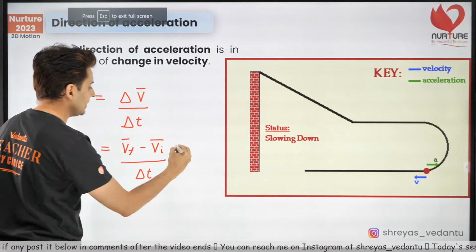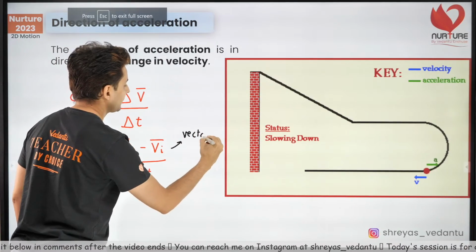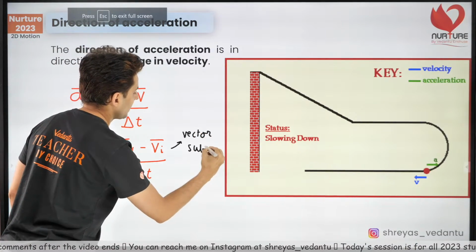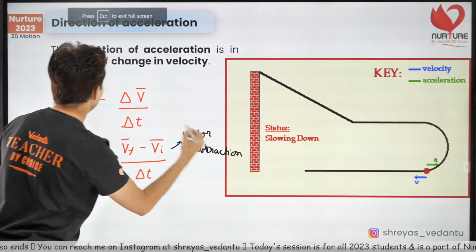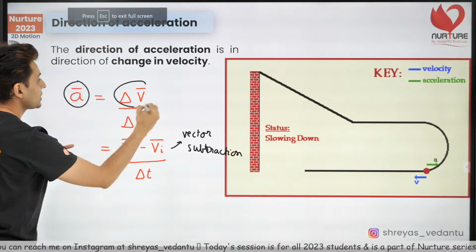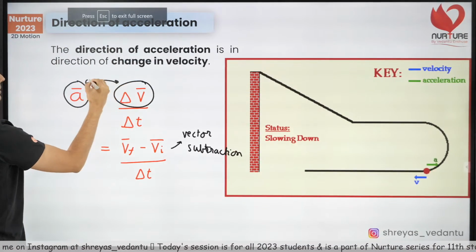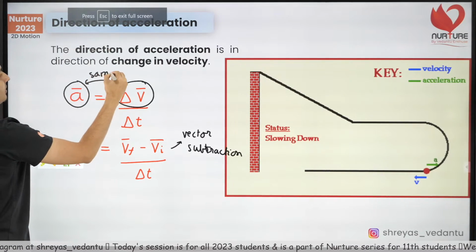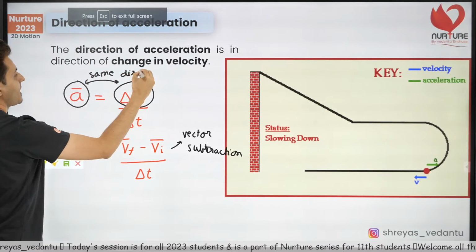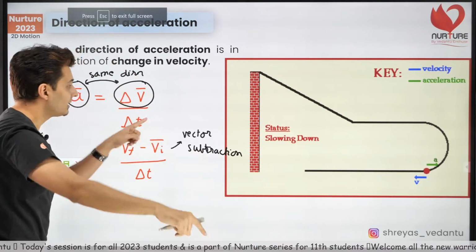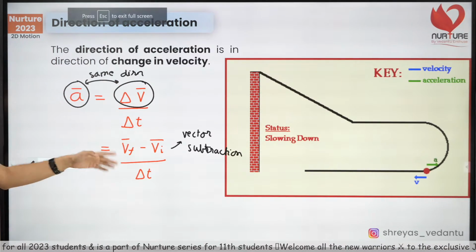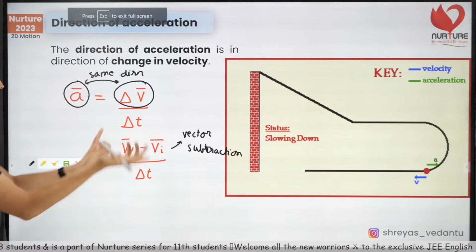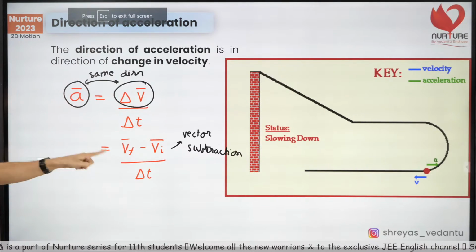So on the numerator side, it's vector subtraction, which needs to be done. So the direction of acceleration and direction of change in velocity are the same. Change in velocity, not velocity, be careful. The direction of delta V and acceleration is always the same. Velocity and acceleration could be in any direction. This is something which you should keep in mind.